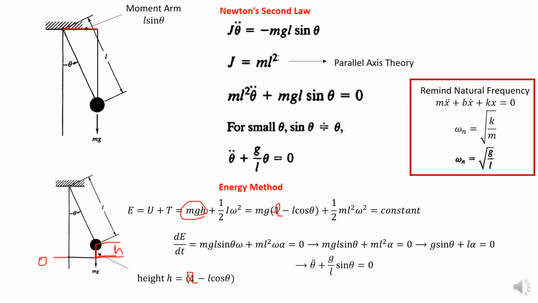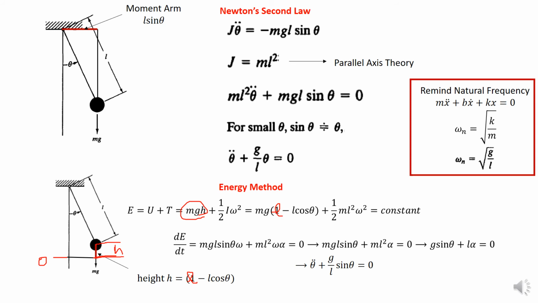So we will get mg(L minus L cosine theta), plus 1 over 2 times the moment of inertia, which we already know is mL2, times the angular velocity to the power 2, and this should be equal to a constant. Then we can take the derivative. The mgL term is constant, so it will disappear.